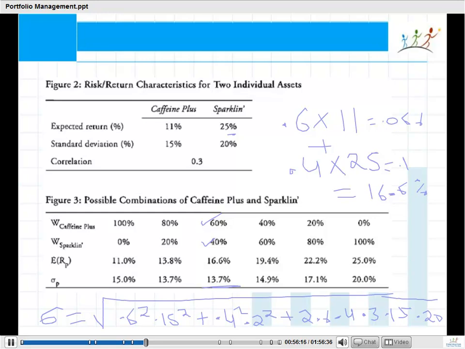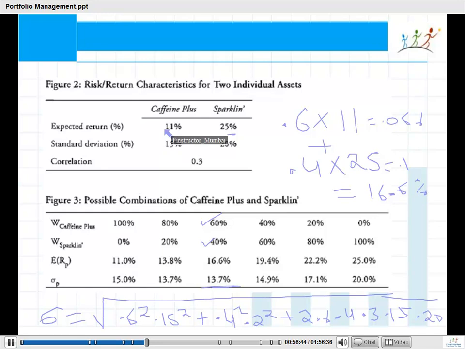So this was the case when caffeine plus was 60% in my portfolio and sparkling was 40% in my portfolio. Can I compute the expected risk and return of my portfolio under various circumstances? So if I had 100% caffeine plus and 0% sparkling, then what would be the risk and return?